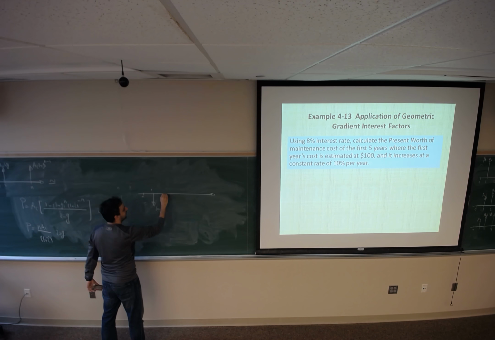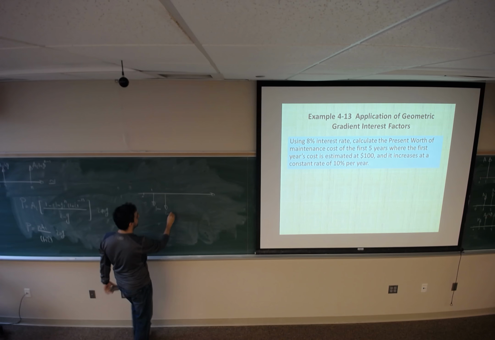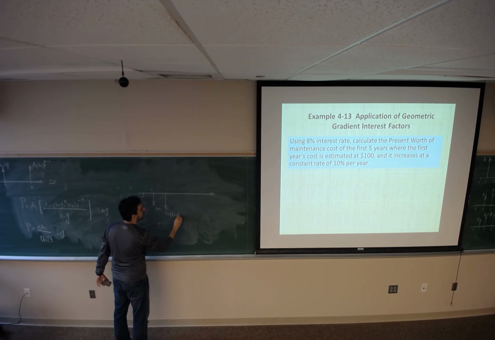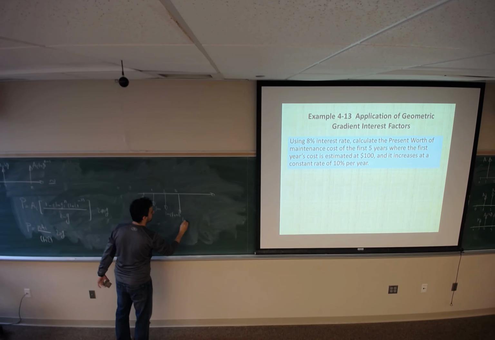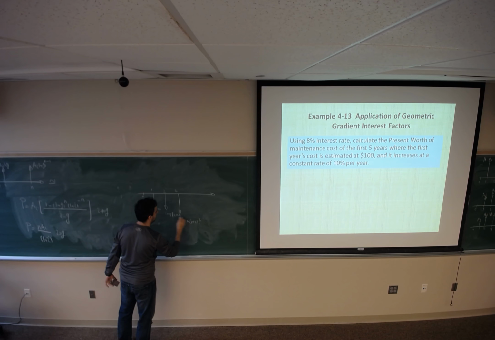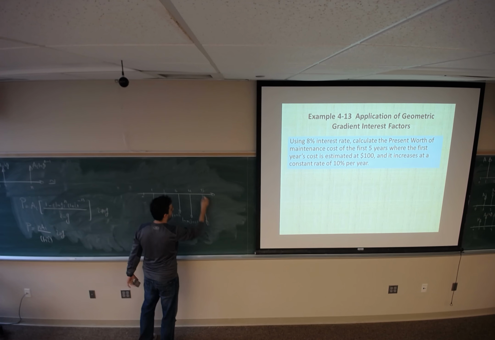The next year is going to increase at the rate of 10%, so it's going to be 110. The third year is going to be 100 times (1 plus 0.1) to the power 2, then years 4 and 5. Year 5 is going to be 100 times (1 plus 0.1) to the power 4.